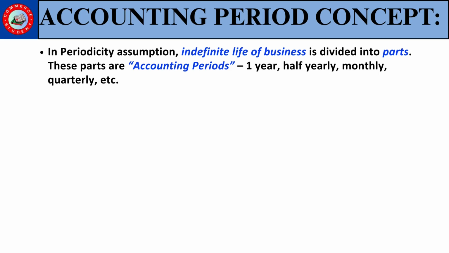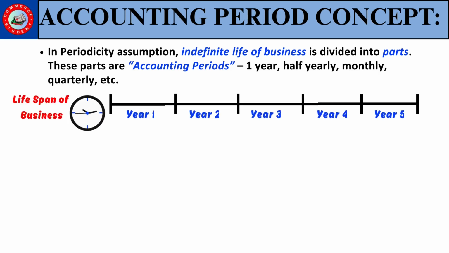This concept is closely related to going concern assumption, which assumes the life of business as continuing unless there's evidence for its closure. So, because of this assumption, accountants divide the business's indefinite life into specific accounting periods like months, quarters, or years. Normally, 1 year is taken as accounting year.